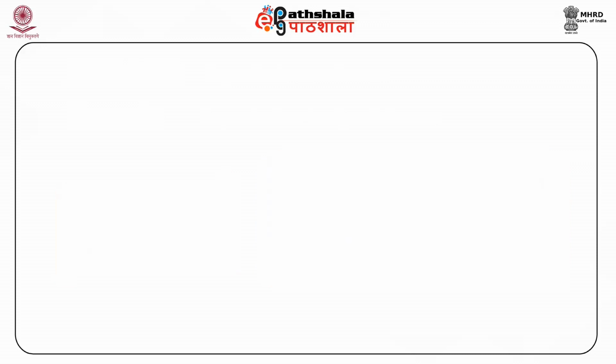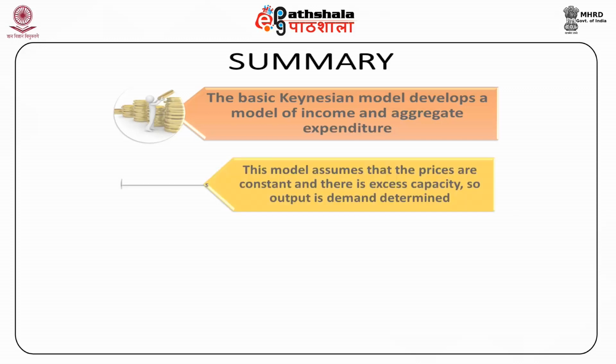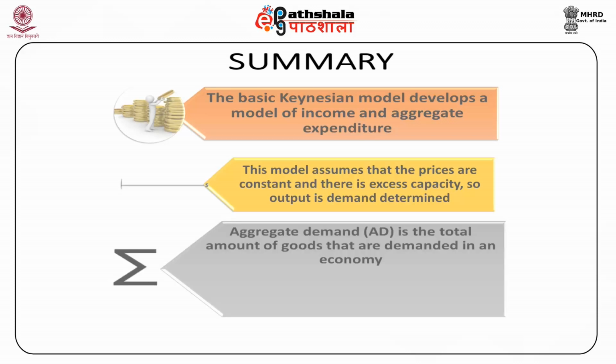Let us summarize what we learned in this module. The basic Keynesian model develops a model of income and aggregate expenditure. This model assumes that the prices are constant and aggregate supply curve is horizontal. Aggregate demand AD is the total amount of goods that are demanded in an economy.